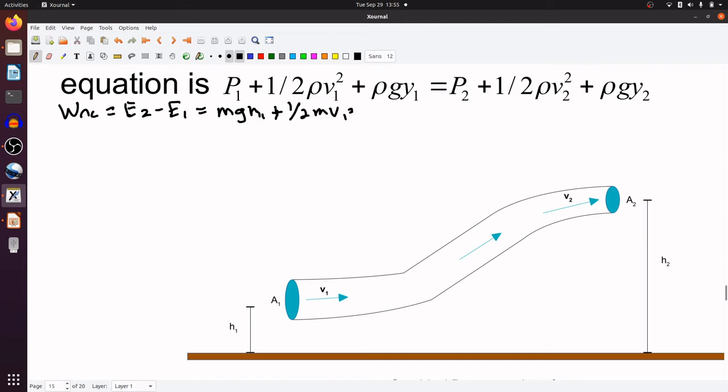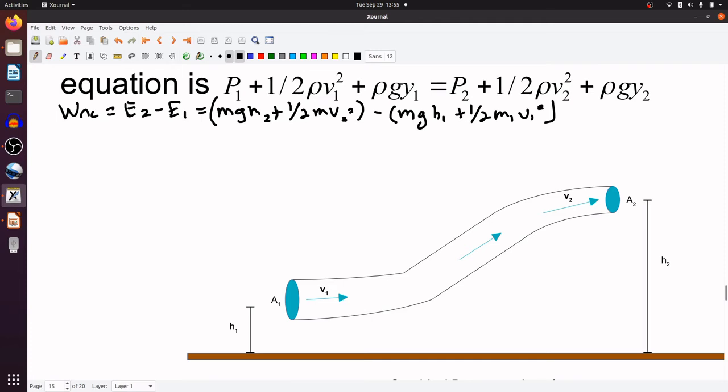And so that'll give me my total energy there. Those are supposed to be 2's, my bad. And then minus my energy at 1. So that's going to be m g h1 plus 1/2 m v1 squared. So that would give me my total energy due to non-conservative forces.